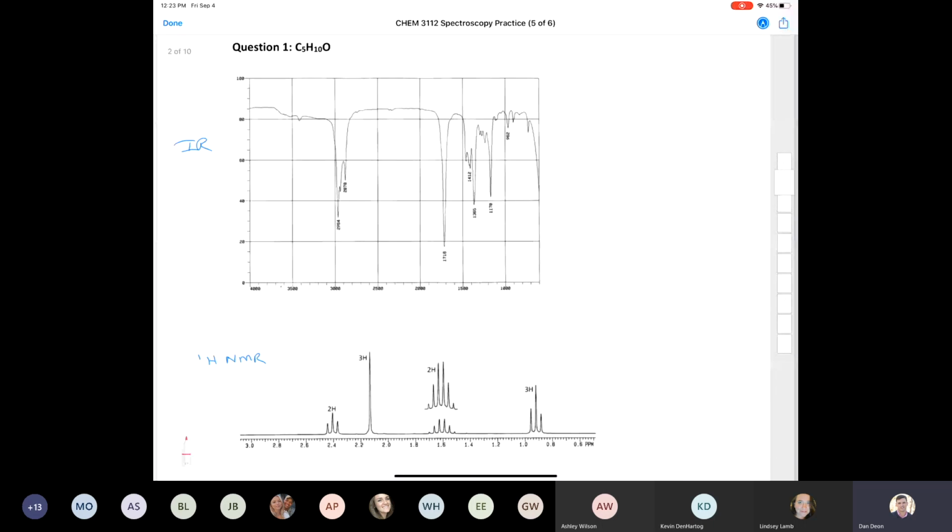Has anybody gone ahead and been able to calculate the HDI yet? Could anybody tell me what the HDI for this compound is?